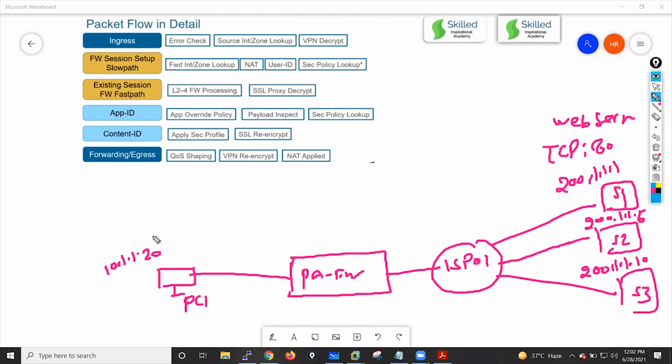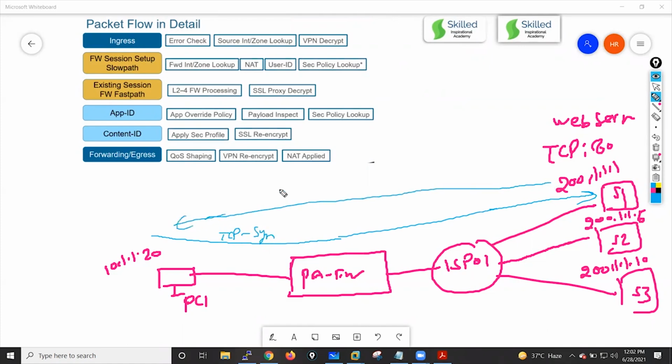So this PC will forward the first packet towards this server. This packet is known as TCP SYN. Now this server will give the reply, which is TCP SYN plus ACK, right? And after that, my PC will send the TCP acknowledgement packet, right?